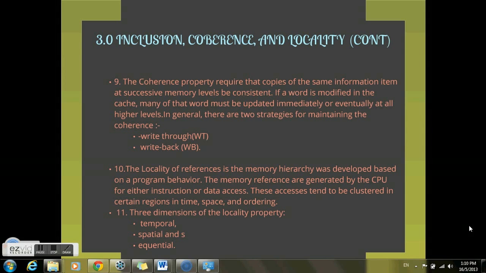The locality of references in the memory hierarchy was developed based on program behavior. The memory references are generated by the CPU for either instruction or data access. These accesses tend to be clustered in certain regions in time, space, and ordering. There are three dimensions of the locality property, that is, temporal, spatial, and sequential.